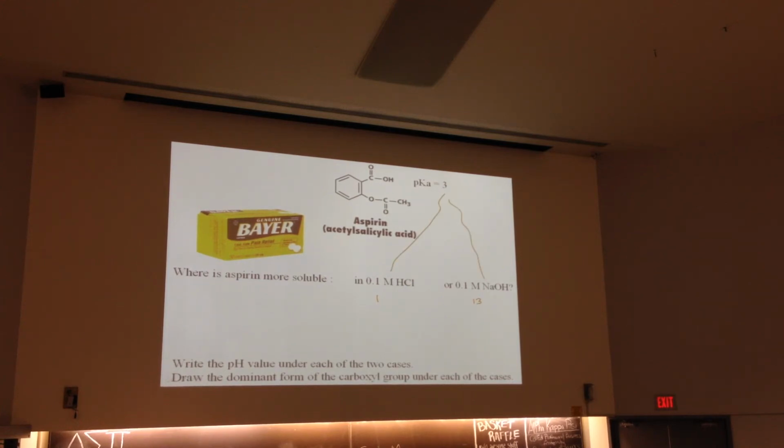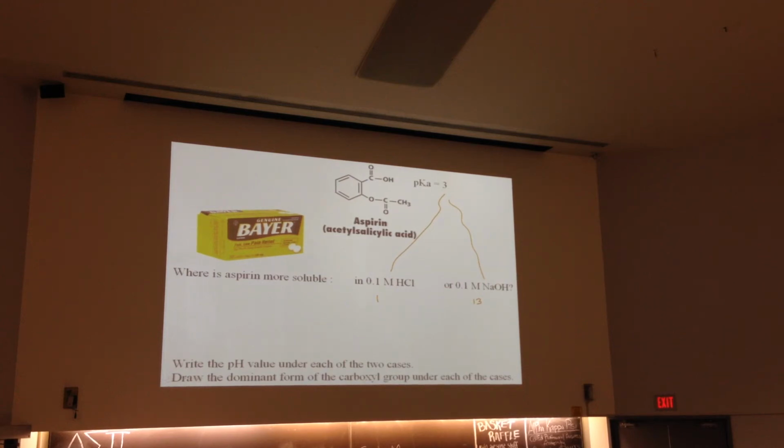What's going to be the dominant form of the carboxyl group under these two conditions? What will be the form of a carboxyl group in the hydrochloric acid solution? Is it going to be COOH or COO minus? I need louder voices here. Thank you.